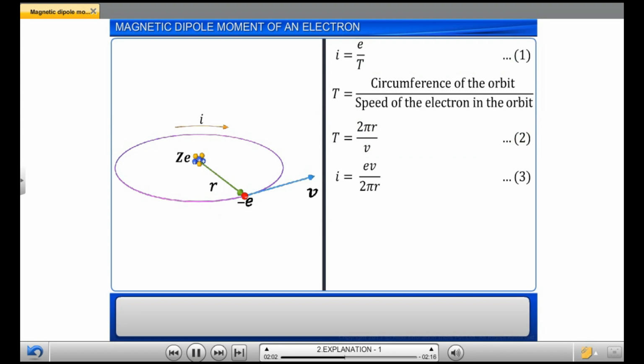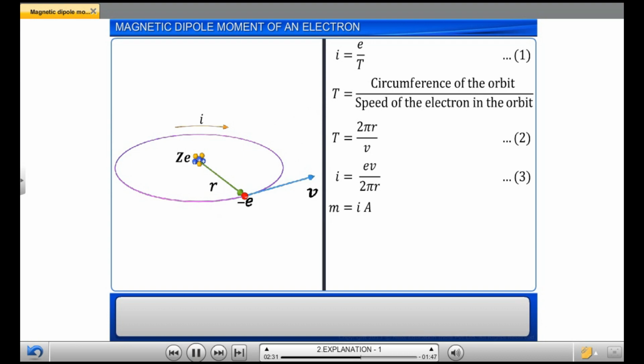We know that the magnitude of the magnetic moment M of a current-carrying loop is equal to the product of the current and the area of the loop. That is, M is equal to IA. At the atomic level, electrons or any charged particles moving in uniform circular paths have a magnetic dipole moment which is called the orbital magnetic moment.